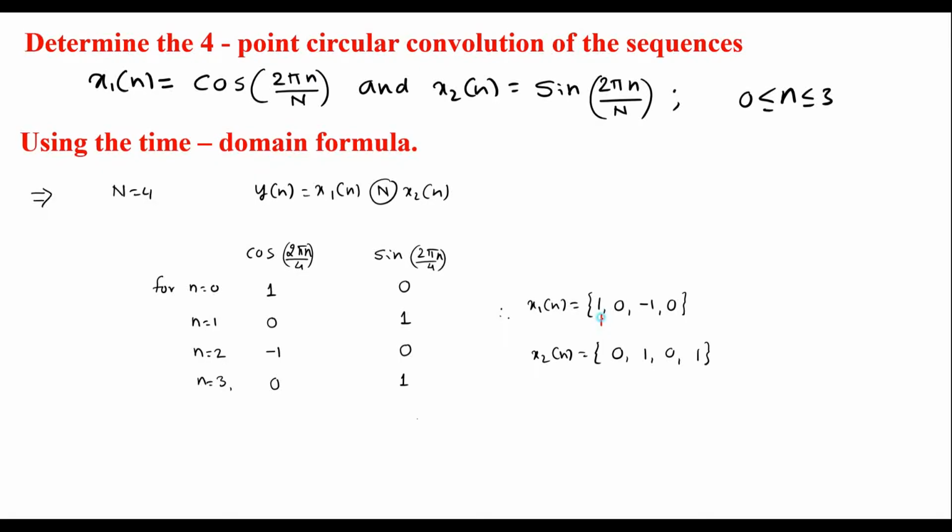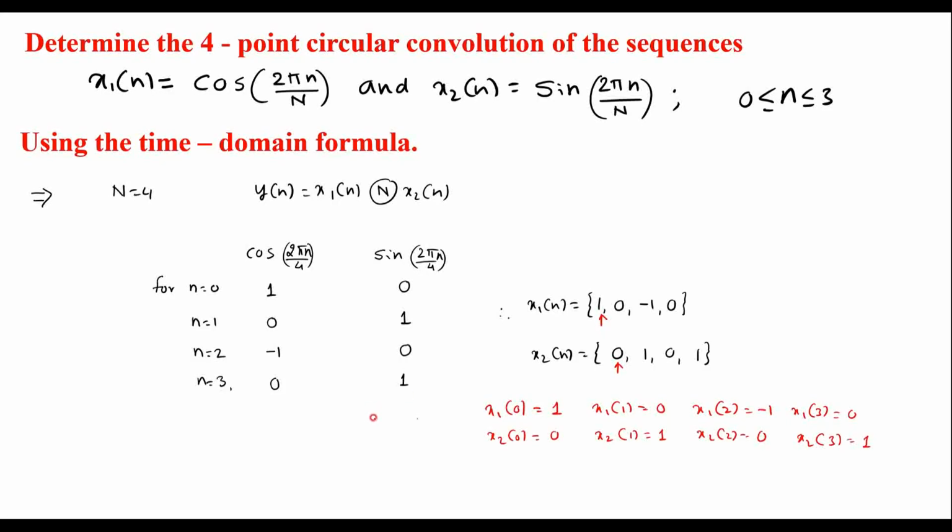So this is at n equal to 0, therefore I can write x1 of 0 is equal to 1, x1 of 1 is equal to 0, x1 of 2 is minus 1, and x1 of 3 is 0. Similarly, x2 of 0 is 0, x2 of 1 is 1, x2 of 2 is 0, and x2 of 3 is 1.